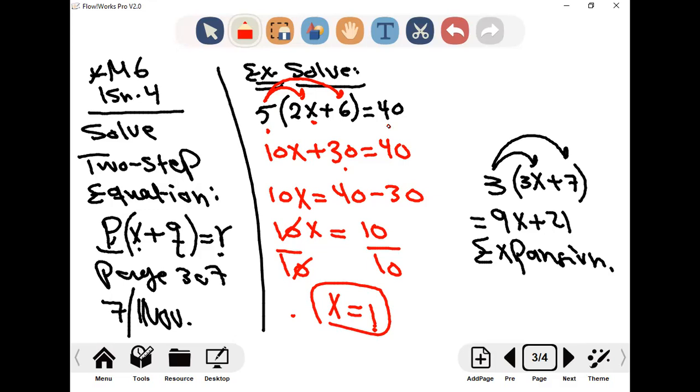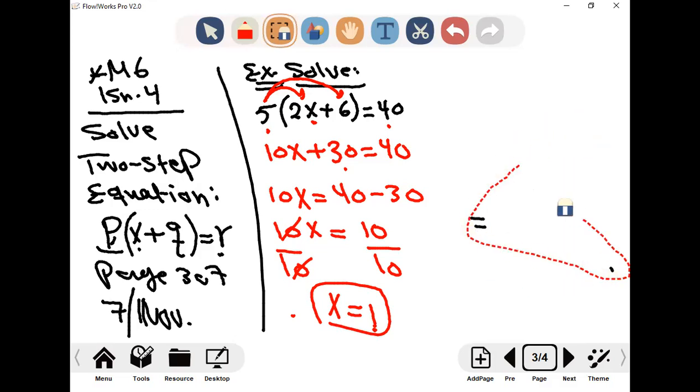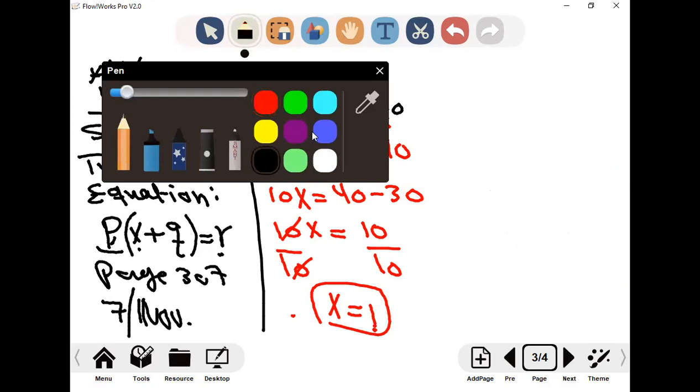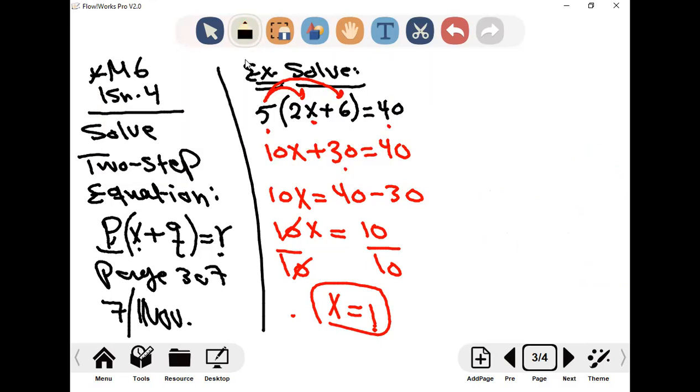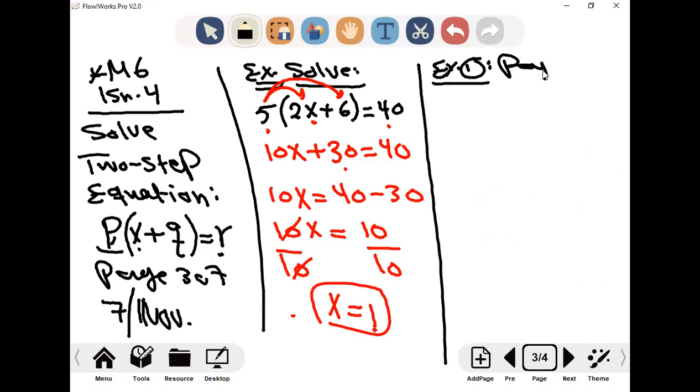Let's do example 1 directly, me and you. So we are in example 1, page 308.